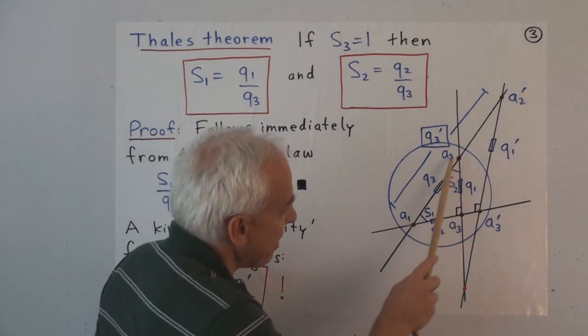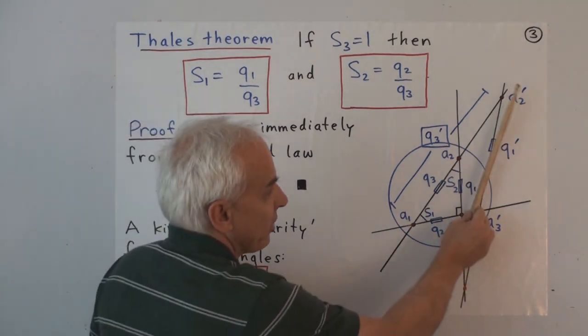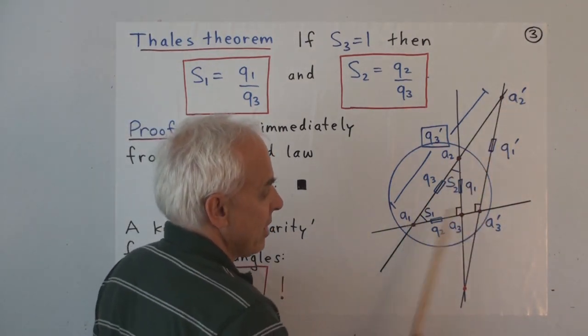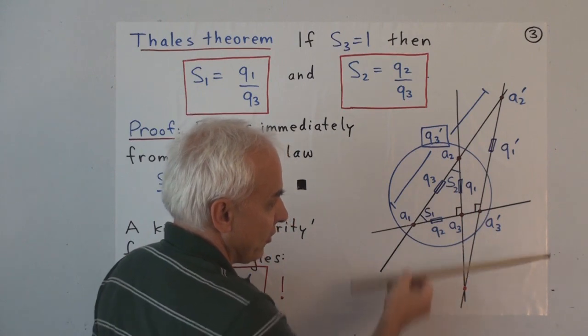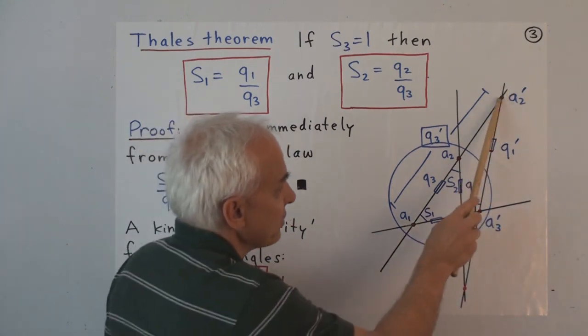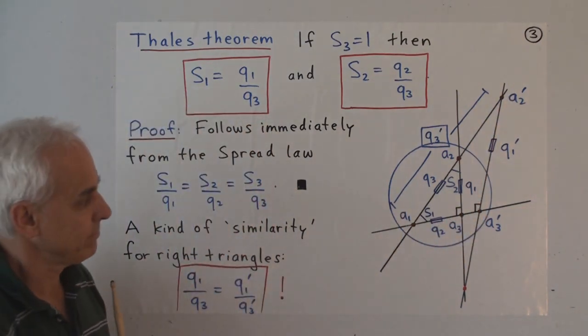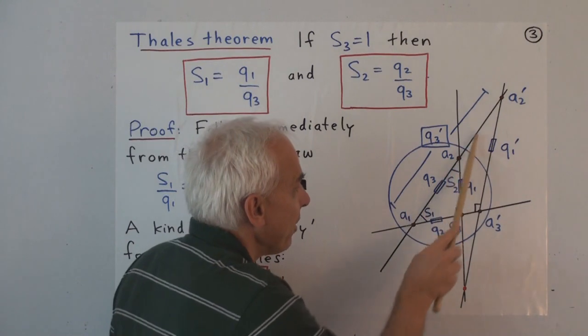Here in this diagram, I've also created another right triangle by choosing another line through the dual here. This new triangle will have vertices we'll call A2 prime and A3 prime. So the new triangle is going to be this bigger one right here.